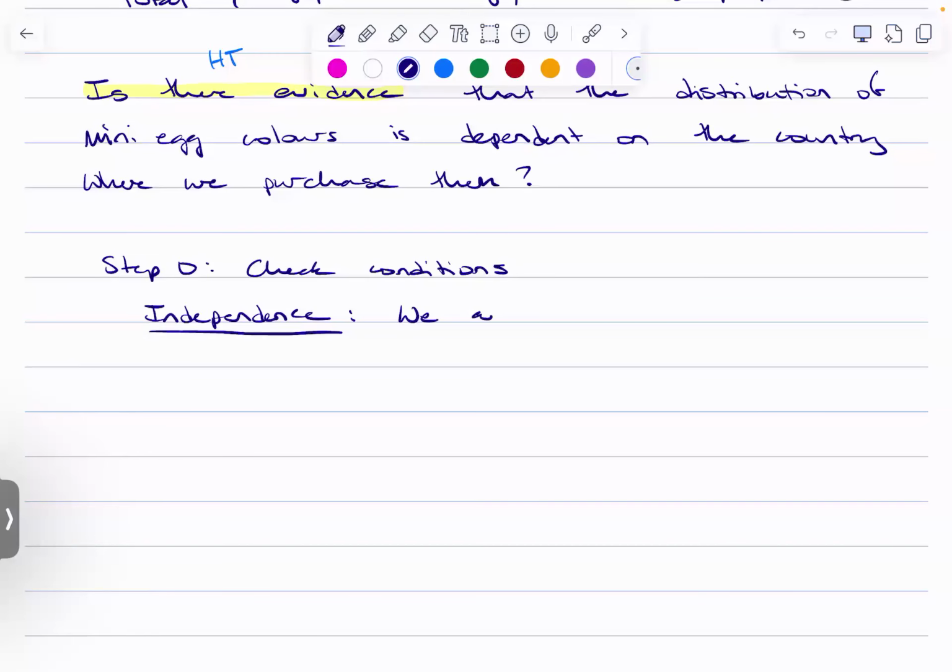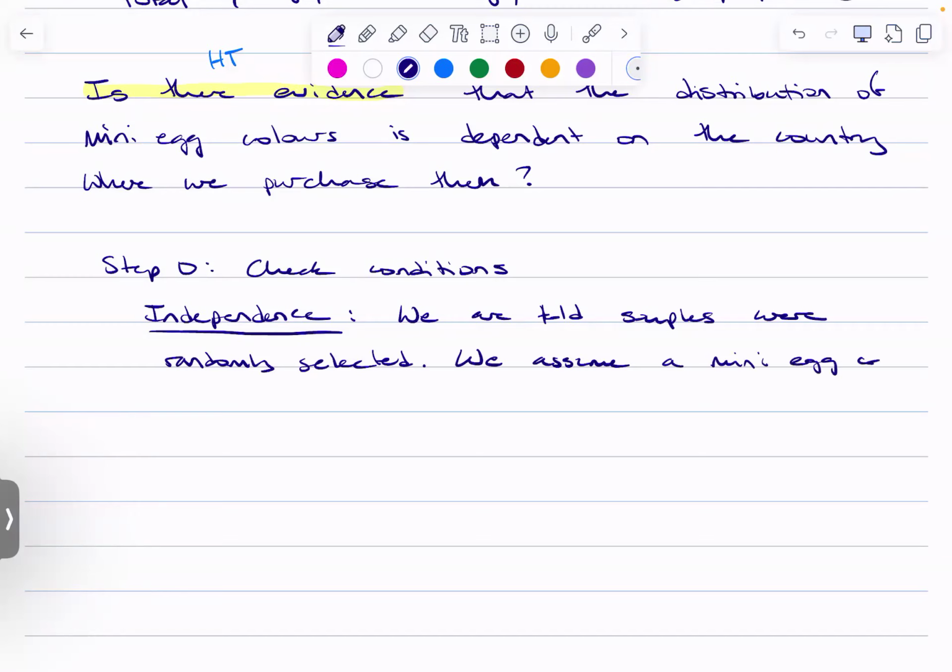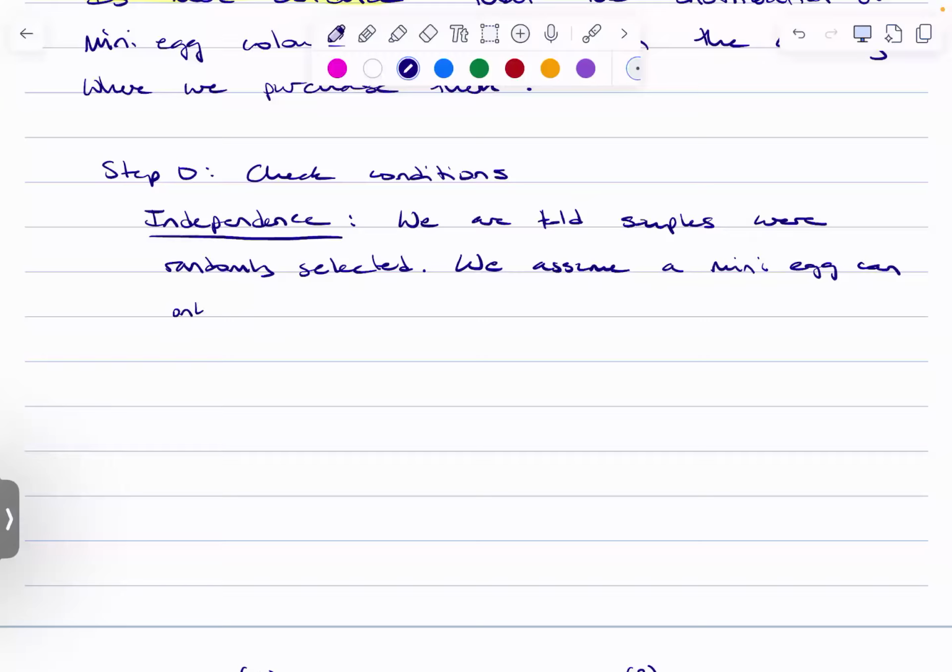So we are told samples were randomly selected, so that's good. We assume a mini egg can only be one color. So disjoint outcomes.